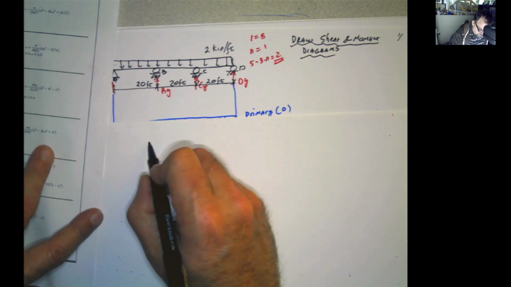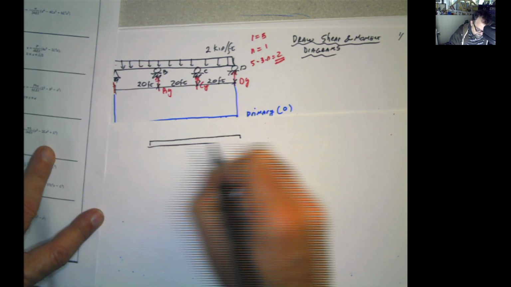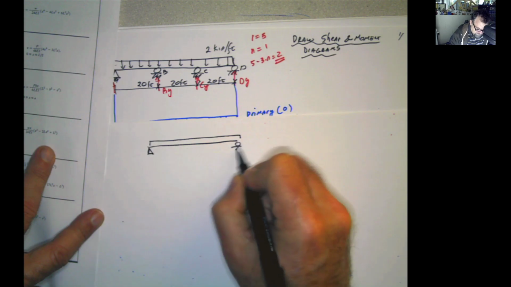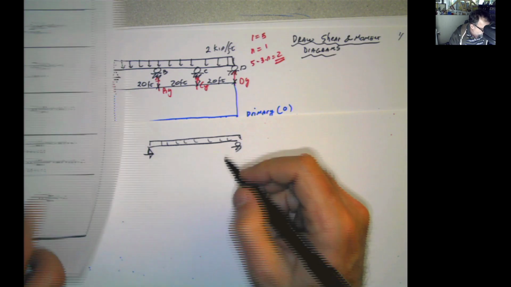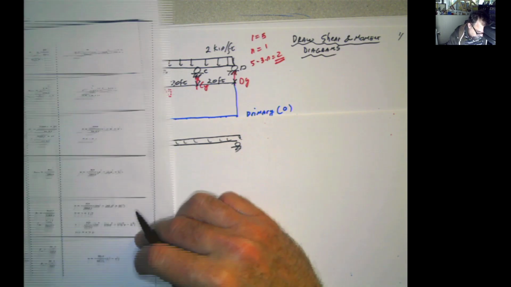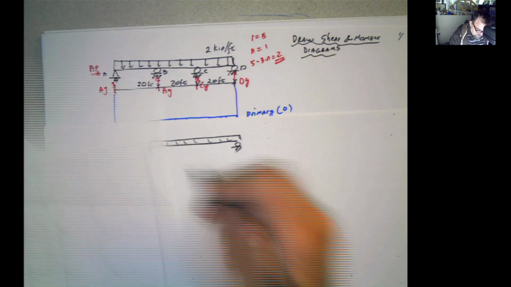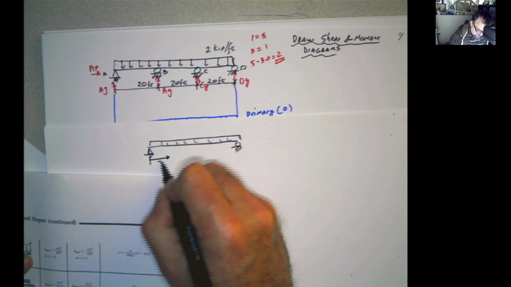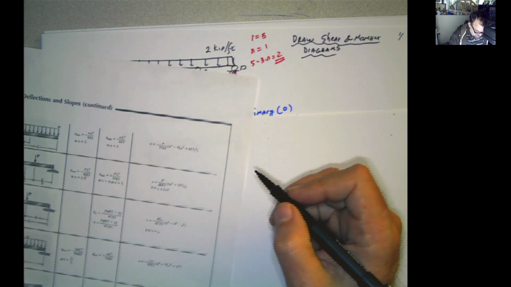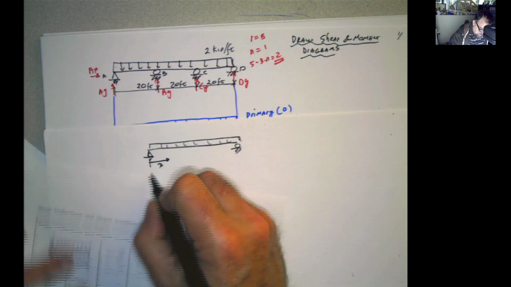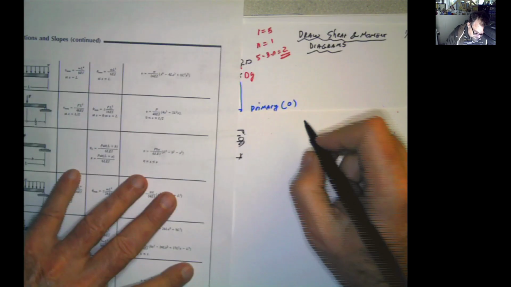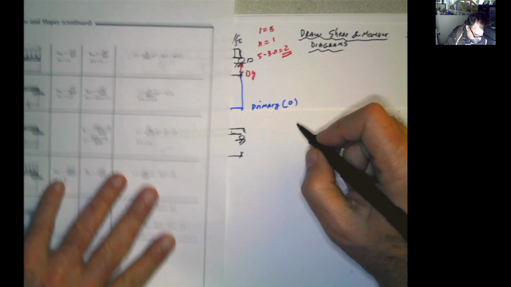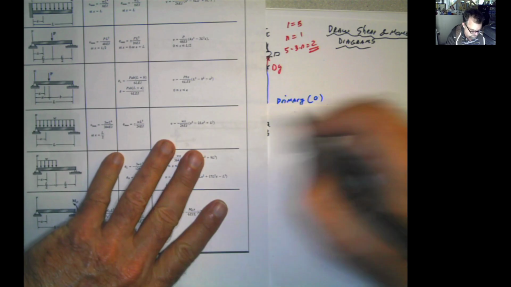For this simple supported beam, depending on the distance x at which I need to calculate the deflection, and this is L, the distance L, I can calculate my deflections using this equation.